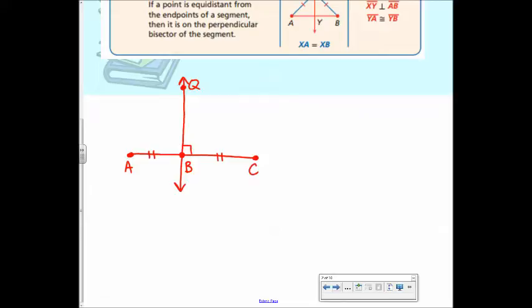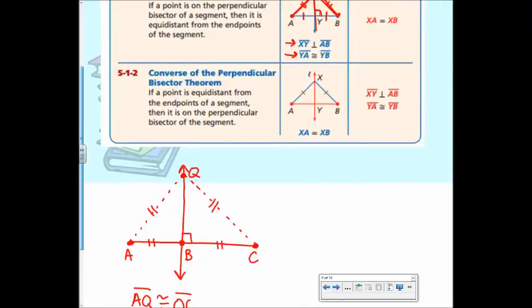That means if I draw a line from A to Q and from C to Q, I know that those two lines must be congruent. So I can say that AQ is congruent to QC because QB is a perpendicular bisector. So that's theorem 5.1.1.